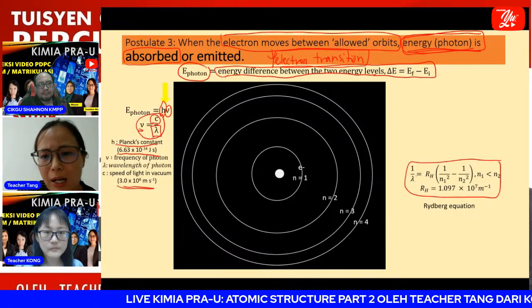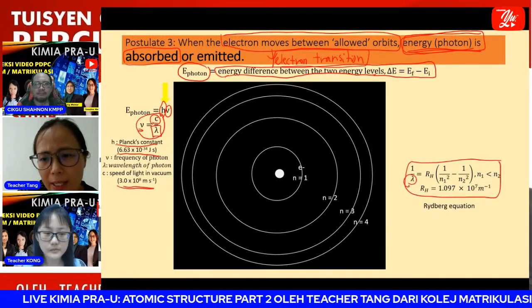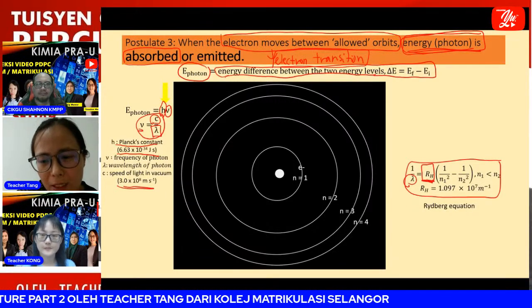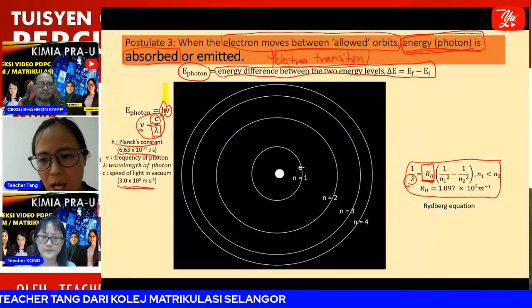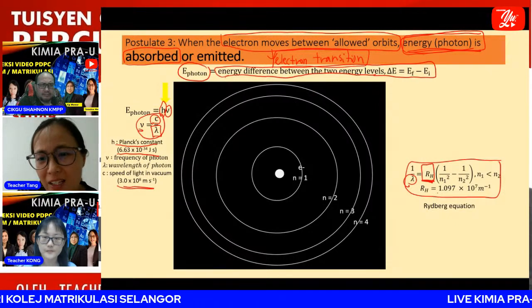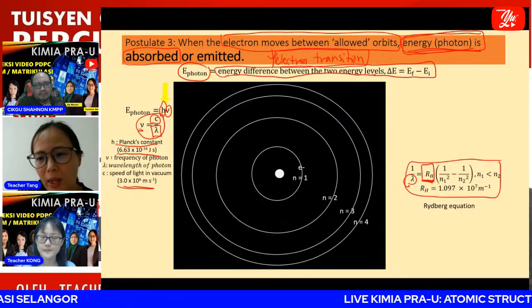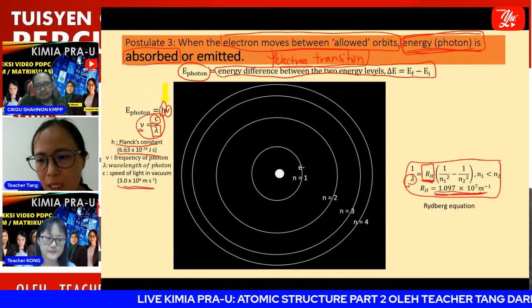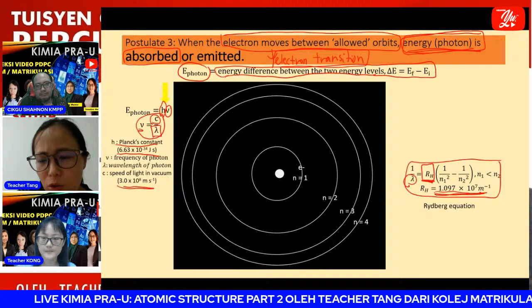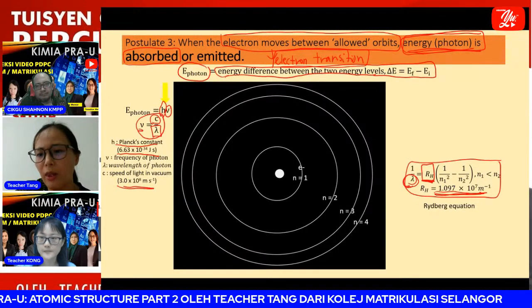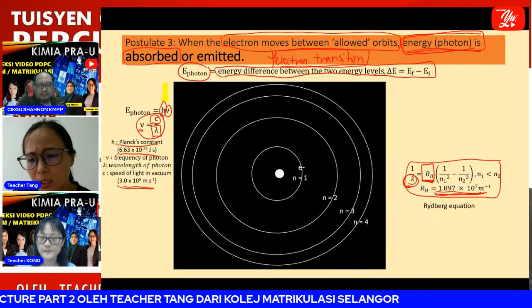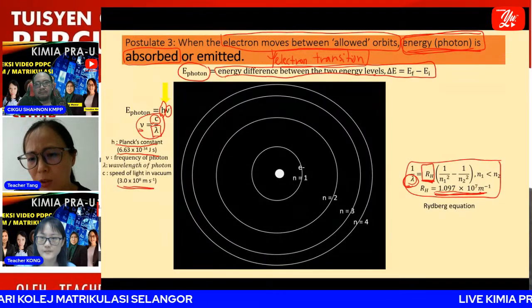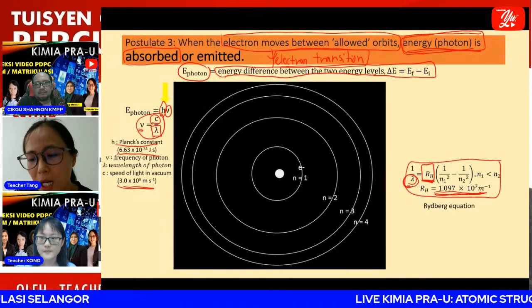This is to calculate the wavelength of the photon, and the RH here is also a Rydberg constant, but because this one is to calculate the wavelength, the Rydberg constant here has a different value than the previous one. This second Rydberg constant, used to calculate the wavelength of the photon, is 1.097 times 10 to the power of 7 per meter.